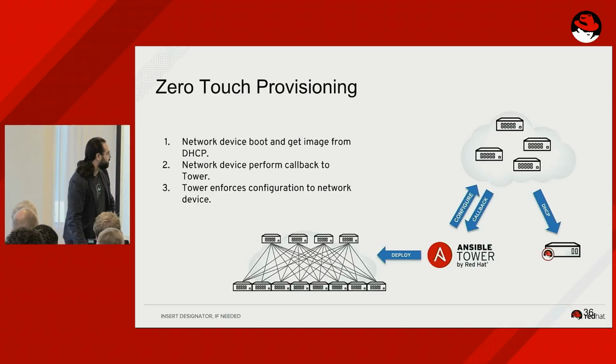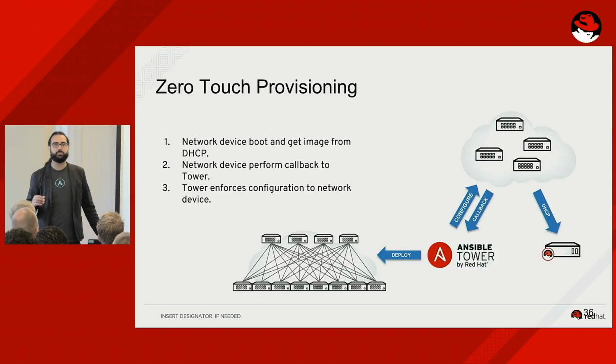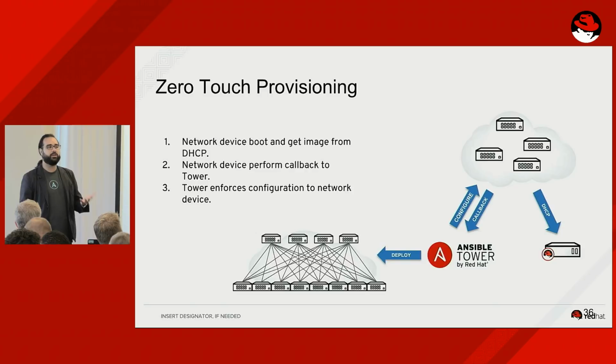Use case. The first one is zero-touch provisioning. We had this a lot in the servers world, where you have bare metal, physical servers, and you have the tools and things in place to provide the image to the server and to provision and configure the server.